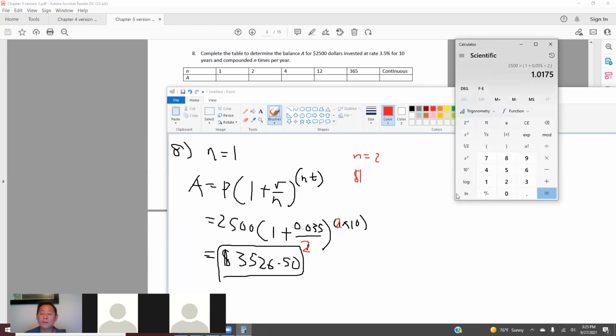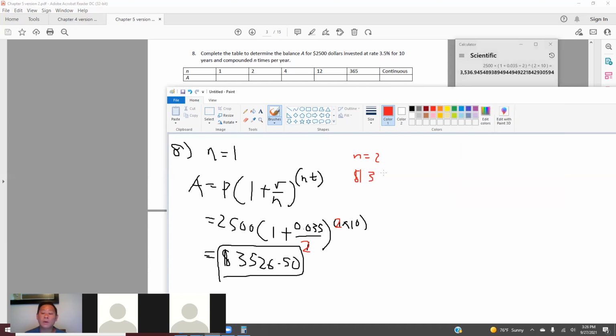Close the parenthesis, to the power, open your parenthesis, 2 times 10. Make sure you put parentheses on the 2 times 10 in the exponent for your calculator. You will get 3,536.95. You guys all right here? Questions?